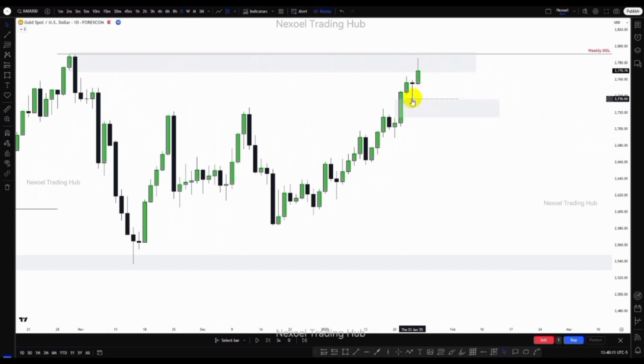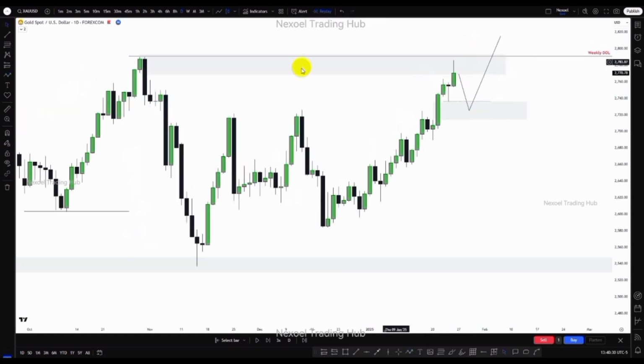Now we've identified the next draw on liquidity, which is the sell side liquidity, and below the swing low we have the fair value gap. So basically what I'll be looking forward to is price dipping to the downside into the fair value gap, sweeping the sell side liquidity, and then the bullish continuation to the upside, because the weekly external buy side liquidity is our draw on liquidity.